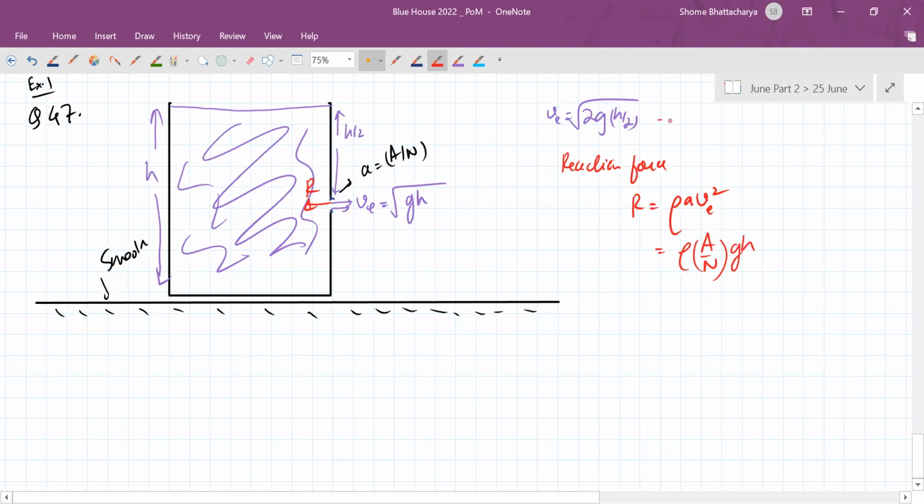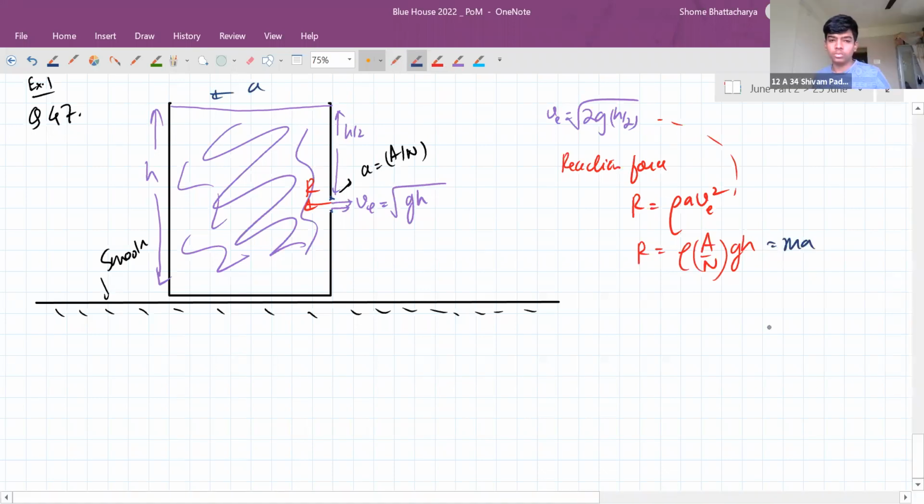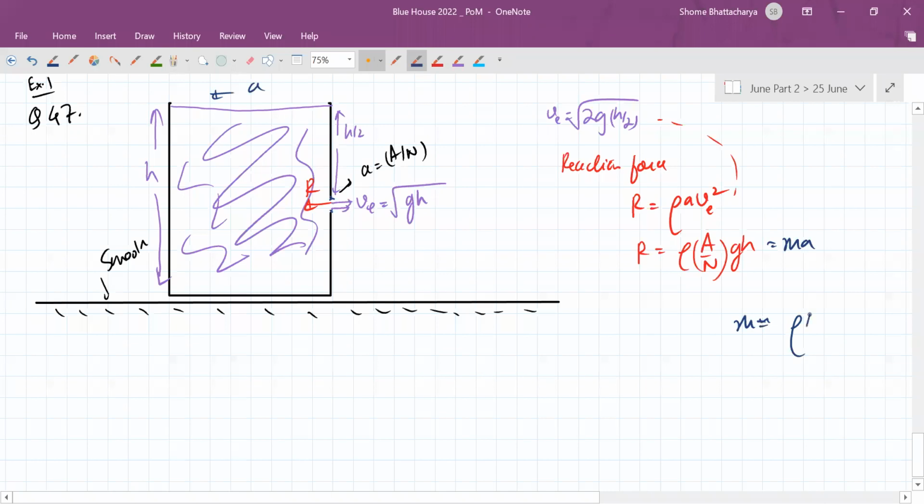When you substitute this over here, this reaction force will now cause the tank to accelerate backwards. So this should be equal to m a. Mass of the system will be approximately, because you're neglecting the mass of the tank, the density of the fluid into volume. So that is why all these things are not given to us in the question, because they cancel out.